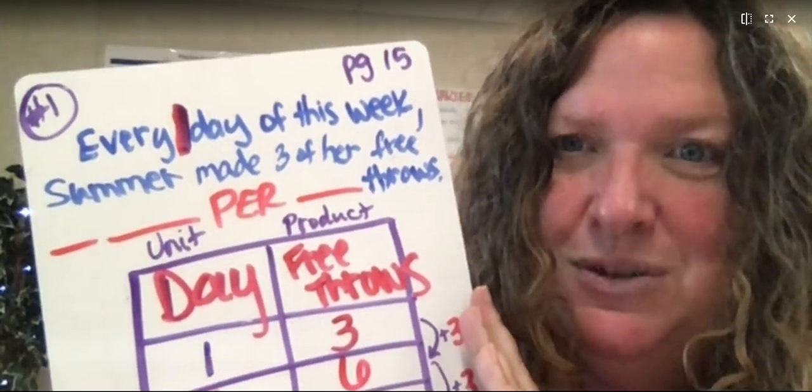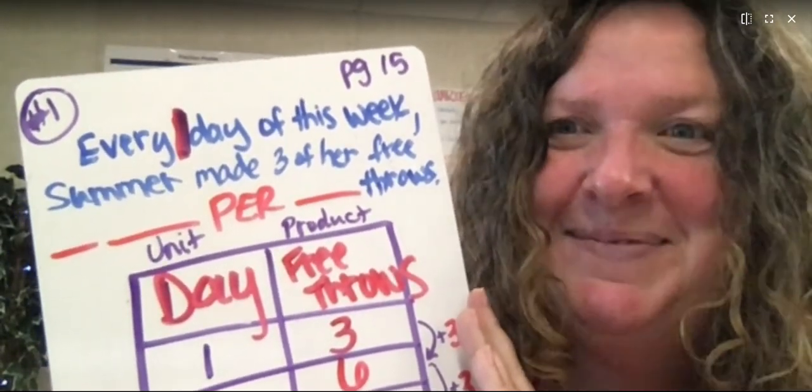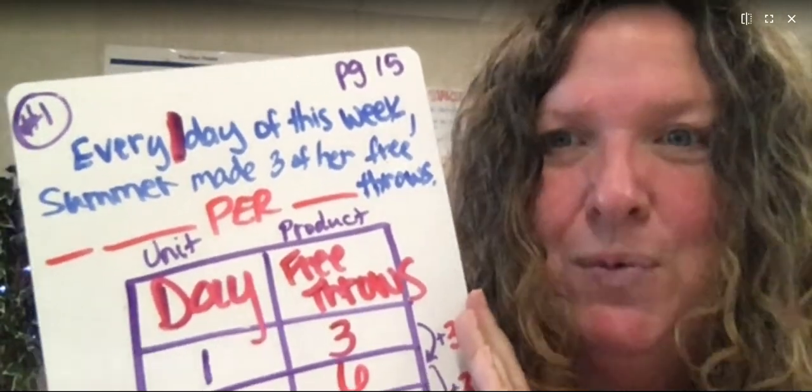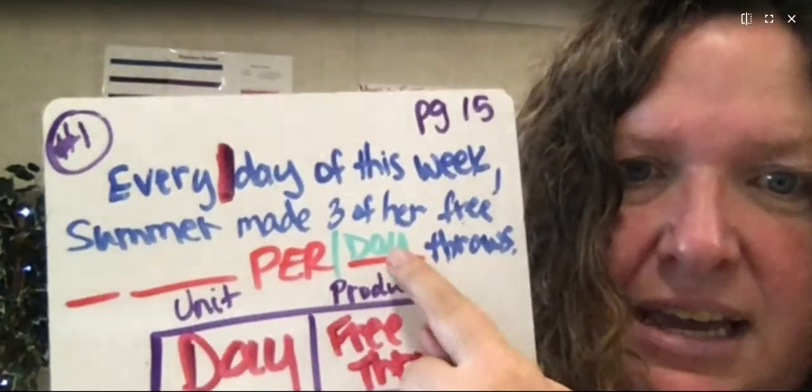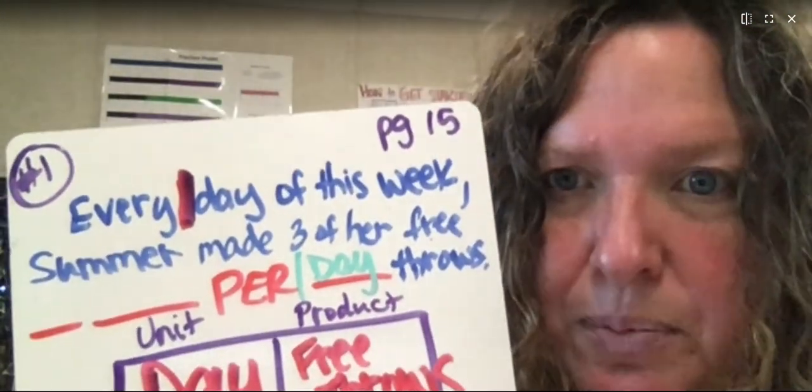What did it tell us there was a 1 there? 1 day, per 1 day. So we're going to write in the per, we're going to write day. I'm going to choose a different color so it's easier to see. So per, and I'm going to write in the number 1, day, to remind us. Per 1 day. There's always an invisible 1 after the word per.